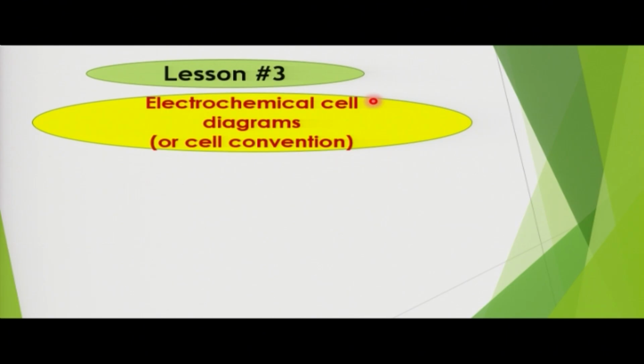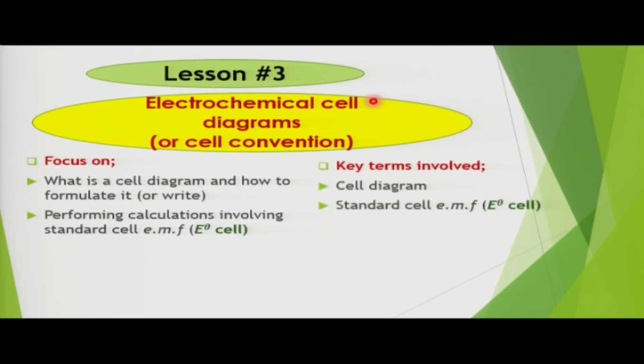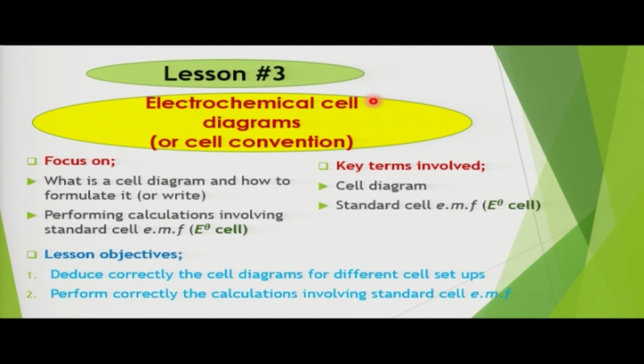the cell diagram. As usual, we must see what we are going to focus on, the key terms, and the objectives. So we're going to be focusing on the cell diagram and how to formulate it. Of course, we shall define it, what is a cell diagram and how to formulate it. Then we perform calculations involving standard cell EMF.